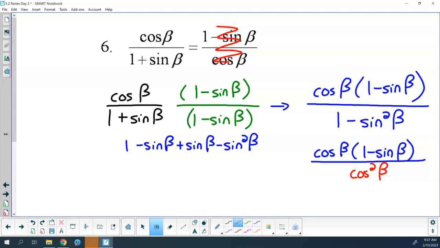One of the cosines from the top cancels out one of the cosines on the bottom now.